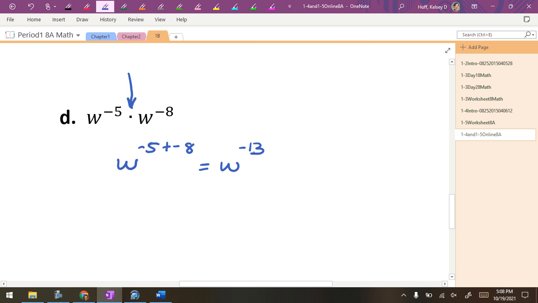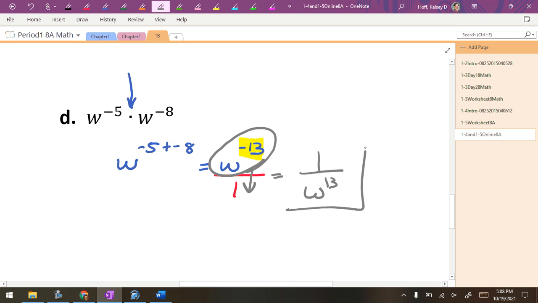If you type that into your Alex, it will count it wrong. Why? You cannot have a negative exponent. So remember, we put this over 1. We need to take this group and drag it across the fraction bar, and w to the 13th becomes positive. So that one you have to type in as a fraction.